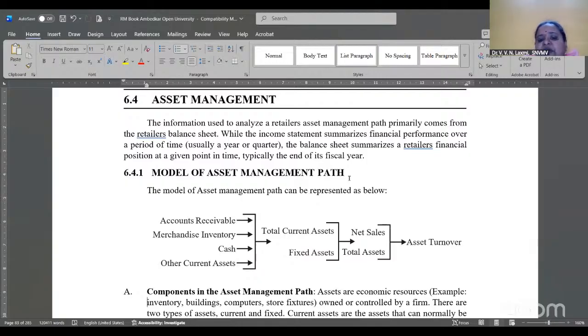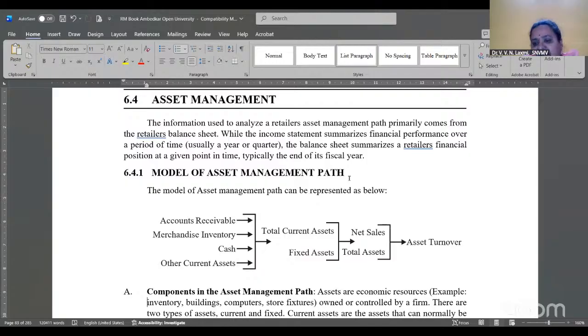Fixed assets, we will be able to liquefy only beyond 1 year. Within 1 year, one cannot liquefy these fixed assets because of their immovable nature, while current assets are those assets which can be liquefied within 1 year.